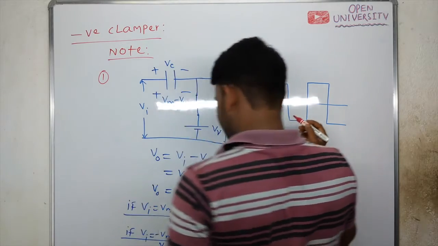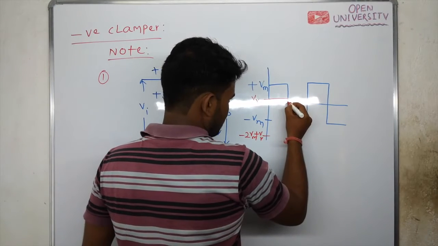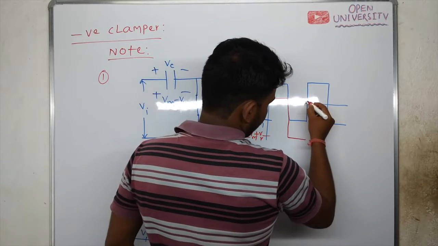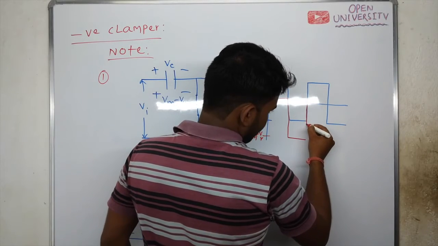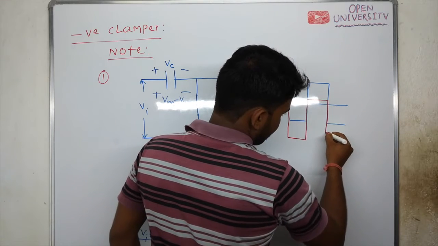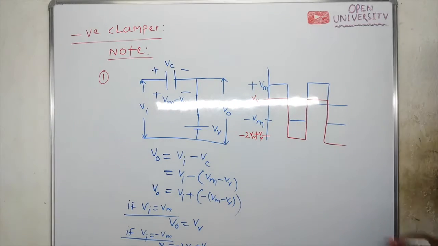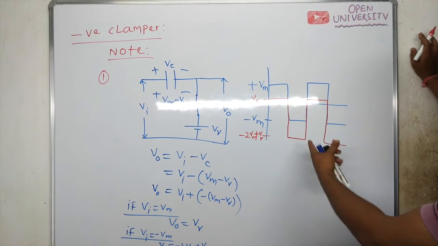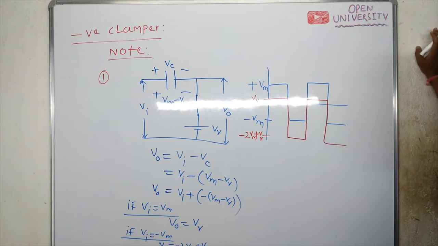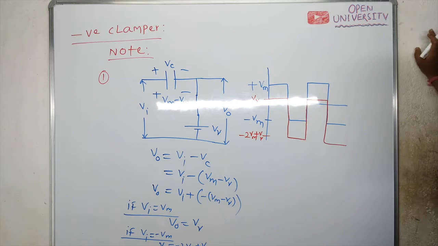And when Vi is minus Vm, Vo equals minus 2Vm plus V gamma. This is the output waveform, which is also a square wave signal, and here also the peak to peak value is 2Vm. The peak to peak value of the input signal is 2Vm, and the peak to peak value of the output waveform is also 2Vm.